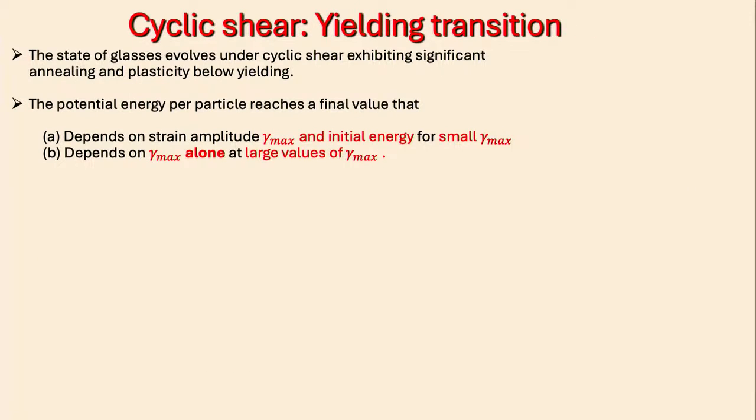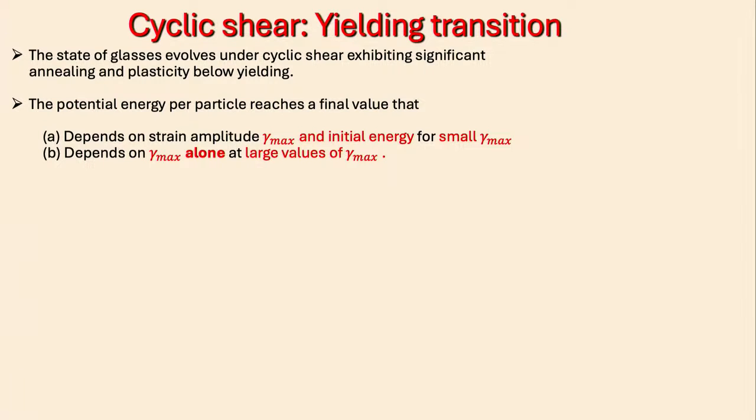So this is one set of results for athermal quasi-static shear, where basically the summary of what I'm going to show you in steps is that the energy per particle of the system, which is the quantity that we monitor, depends on the strain amplitude and the initial energy when I apply small amplitudes of shear.